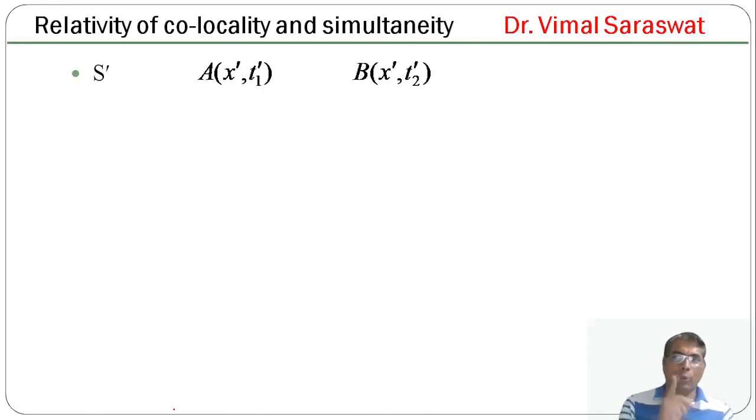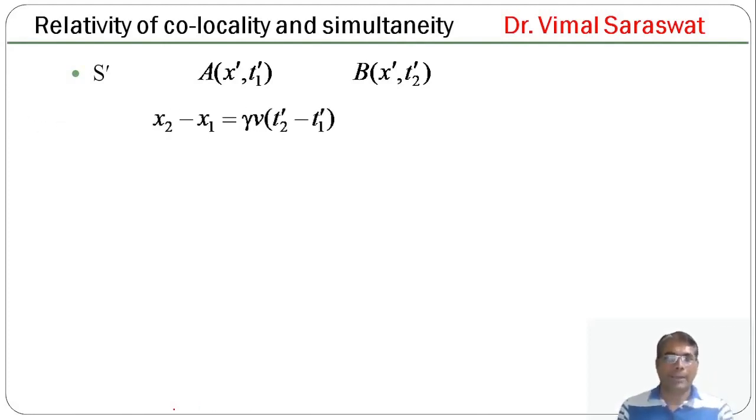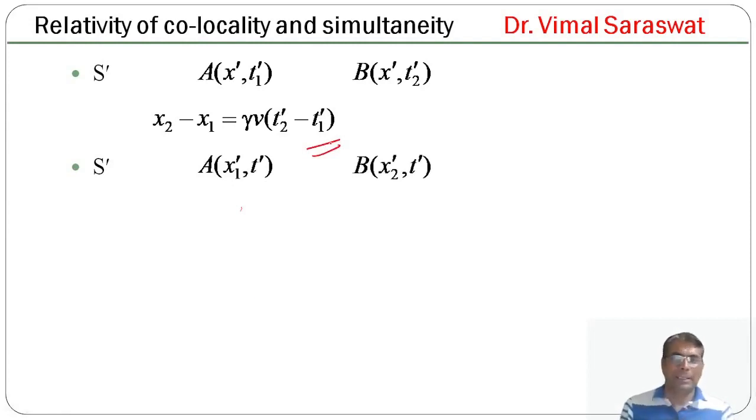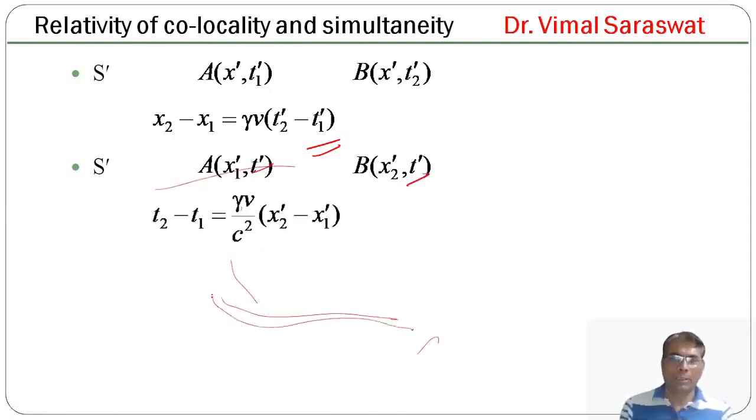Since for co-locality, we took two events which were co-local in frame S dash, we got x2 minus x1 equal to this one. And for simultaneity, we took two events which were simultaneous in frame S dash, and we got t2 minus t1 equal to gamma v upon c square (x2 dash minus x1 dash).